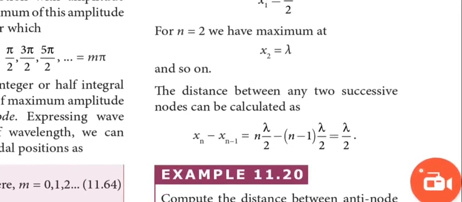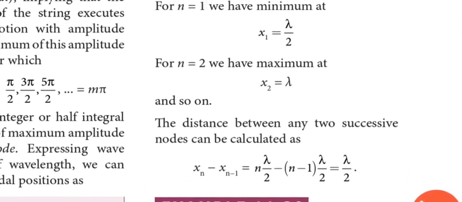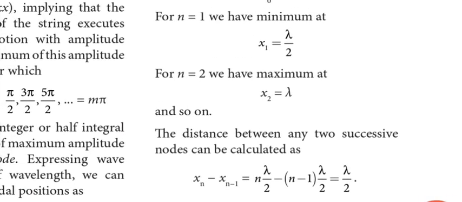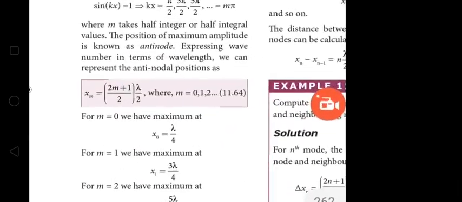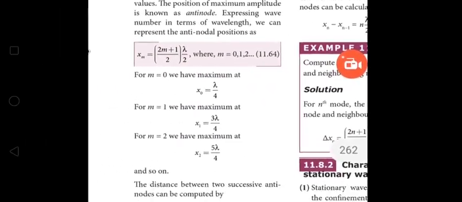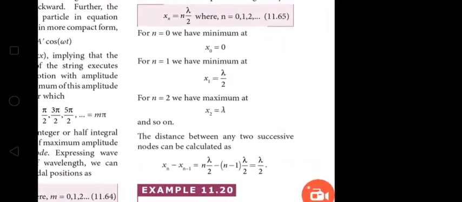The distance between any two successive nodes is xn minus xn minus 1, which is equal to lambda by 2. So for both the nodes and the antinodes we get the same final value, that is lambda by 2.